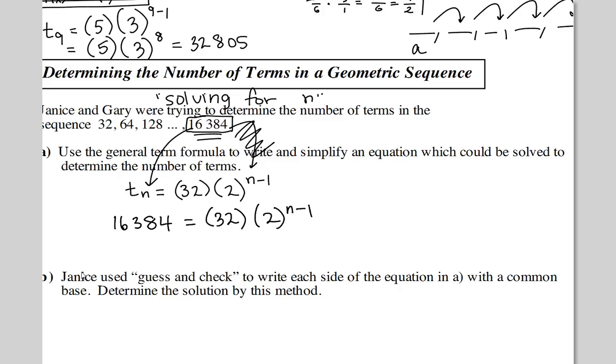In solving algebra, you always isolate what? The term that has the unknown. Isolate term with unknown. Okay, so that's this, and it's in the power. It's really weird.